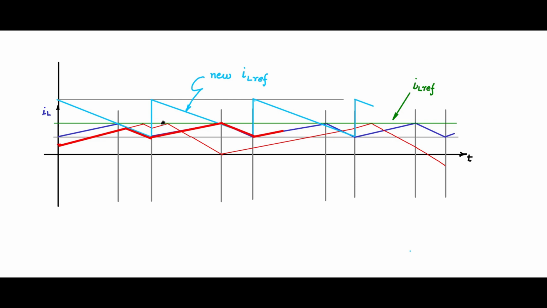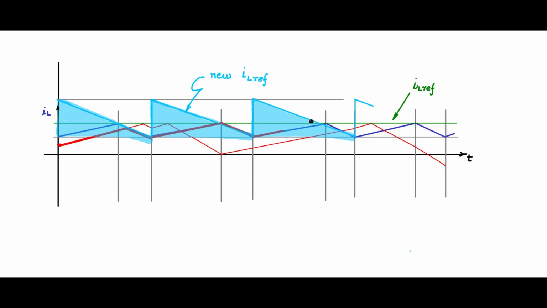This can also be proved mathematically, what I have just shown by graphs. You can refer to literature on DC-DC converters or any of the NPTEL courses on DC-DC converters. We shall now see how we can generate an IL reference of this form, in a sawtooth form, with the slope being the same as the falling slope of the inductor current.